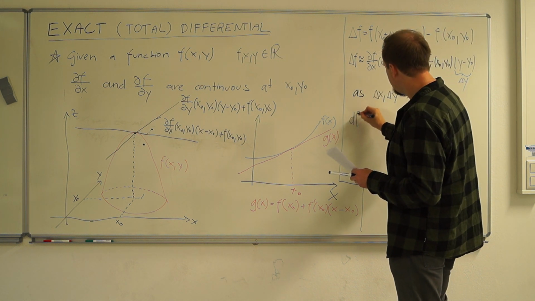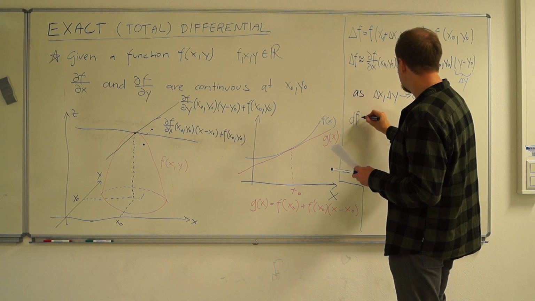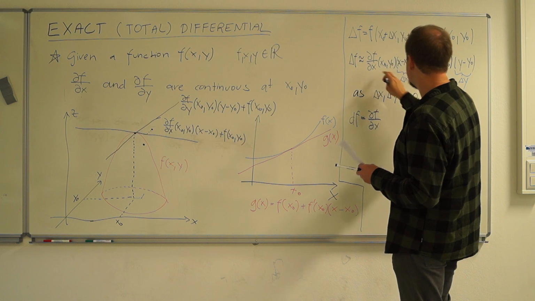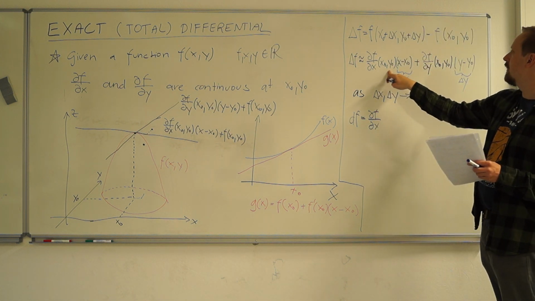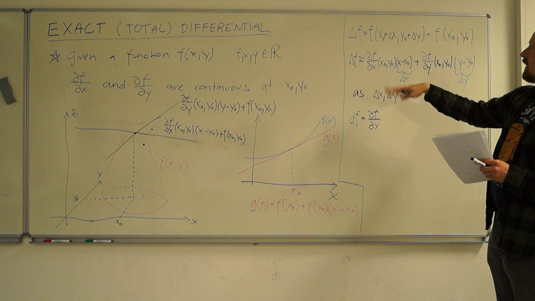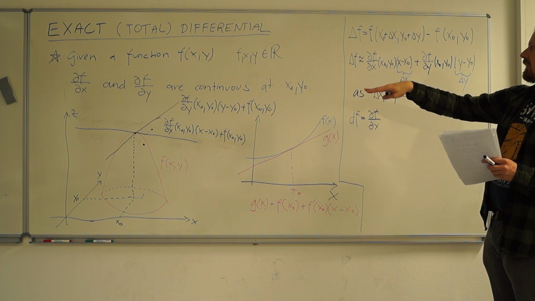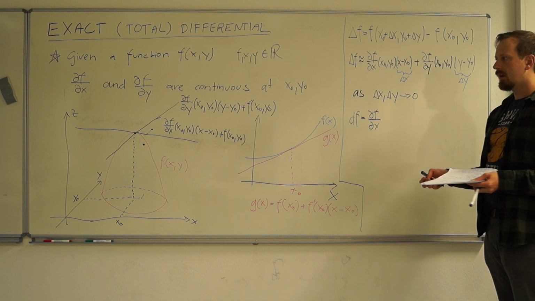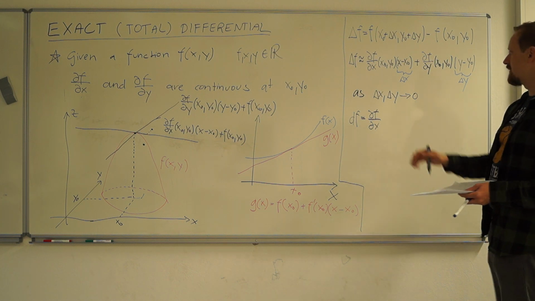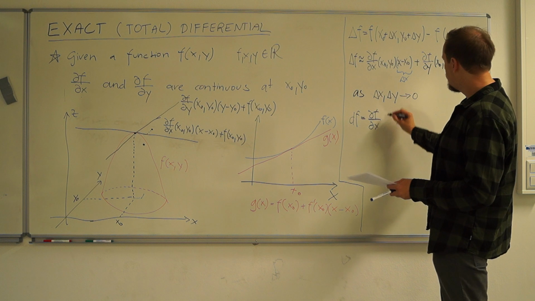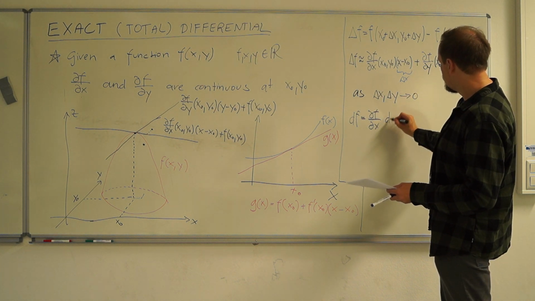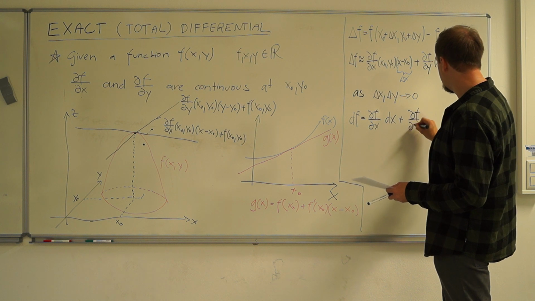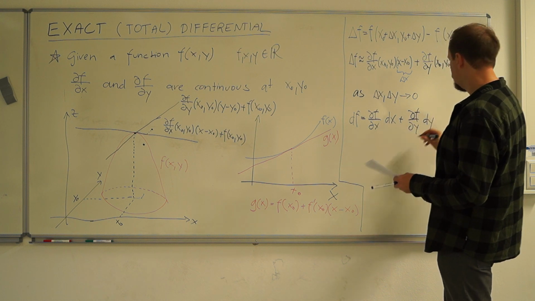This means that df equals df over dx dx plus df over dy dy. I do not write x naught and y naught here now, because we said that the partial derivatives are continuous at every point in the region where the function is defined.